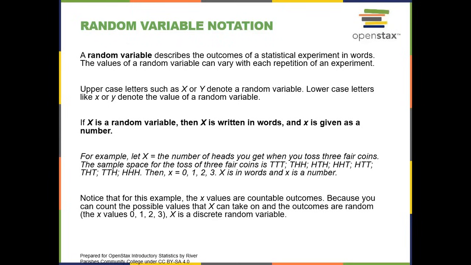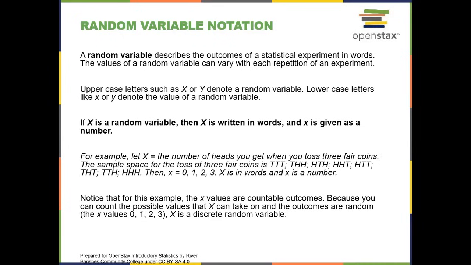Why do we stop at 3? Because look at the last possibility. All three are heads, so small x is 3. Capital X in that case is the number of heads equal to 3. Notice that for this example, the small x values are countable outcomes, something that you can count. You can count the possible values that capital X can take on, and the outcomes are random.